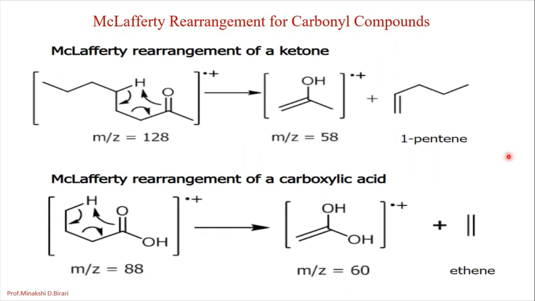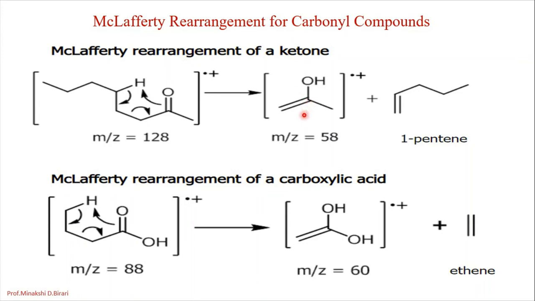Now again the different carbonyl compounds like aldehydes, ketones, carboxylic acids, esters, which have the gamma hydrogen can undergo McLafferty rearrangement. So the first example, McLafferty rearrangement of ketone. Molecular ion can show the peak at mass to charge ratio 128. Here also the transfer of gamma hydrogen occurs.